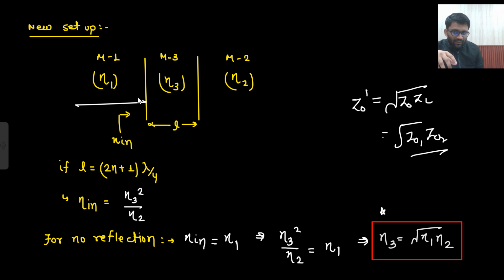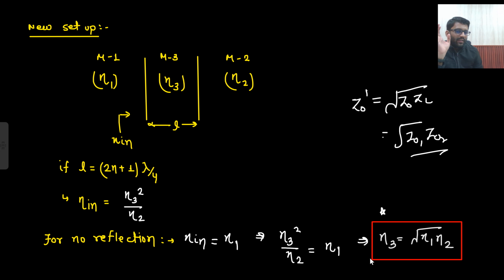So whatever wave is coming from here, the complete wave should be transmitted here. This is my target. So for achieving this target, what did I get to know is that the intrinsic impedance of medium 3 should be equal to the geometric mean of the intrinsic impedance of medium 1 and the intrinsic impedance of medium 2.